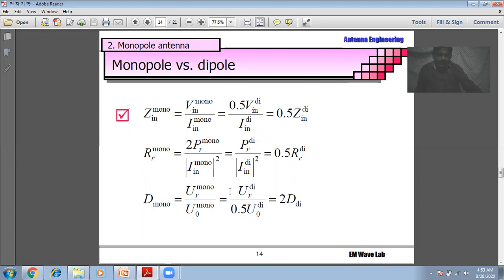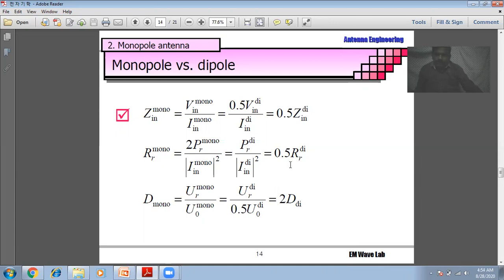That is shown here. The radiation resistance RR of the monopole antenna is equal to 0.5 of the radiation resistance of the dipole antenna, that is, RR of the dipole antenna divided by 2.